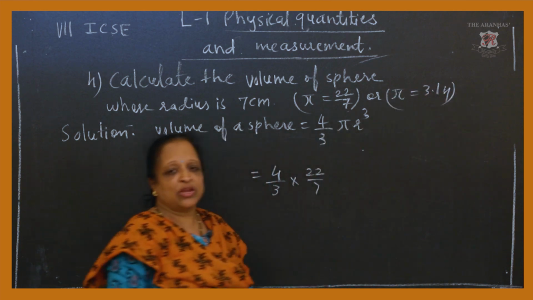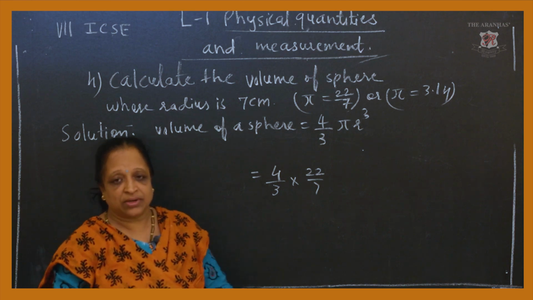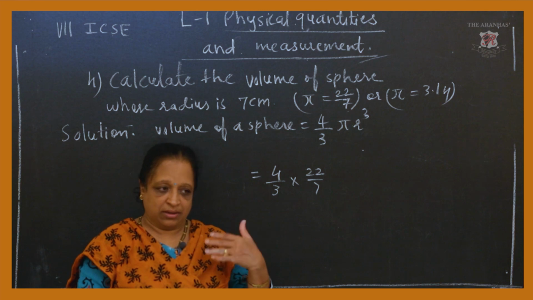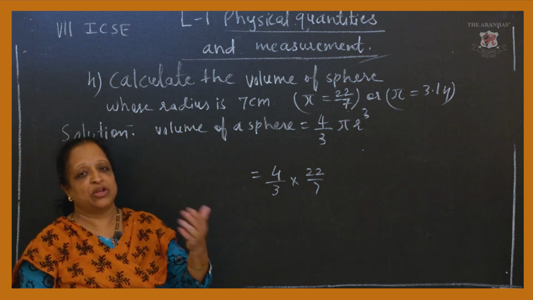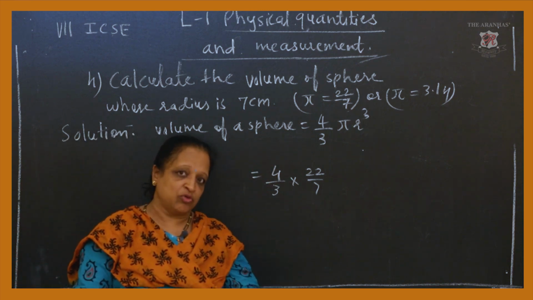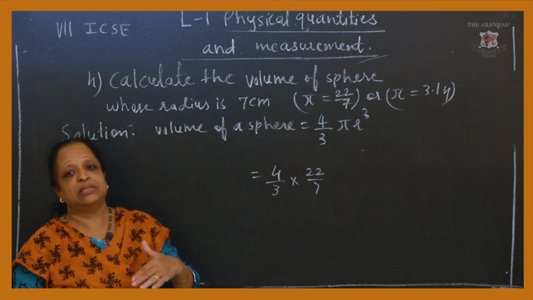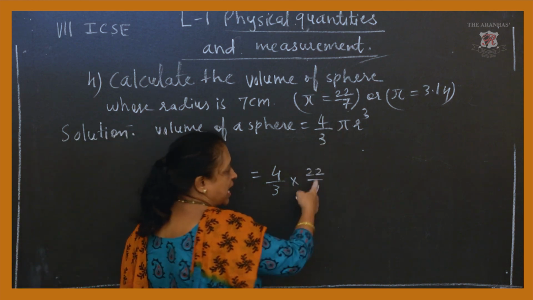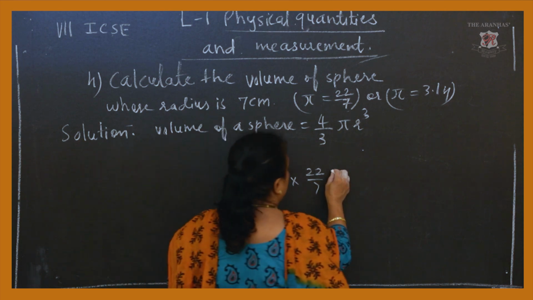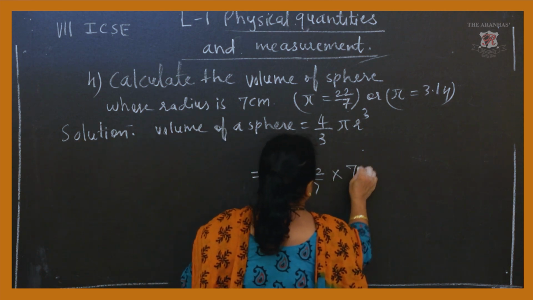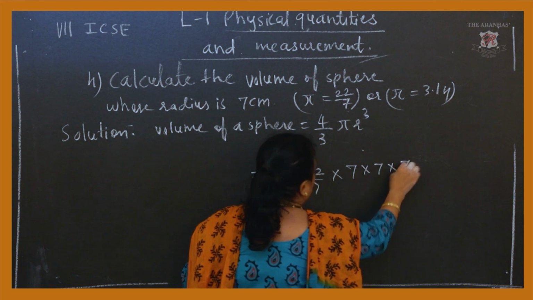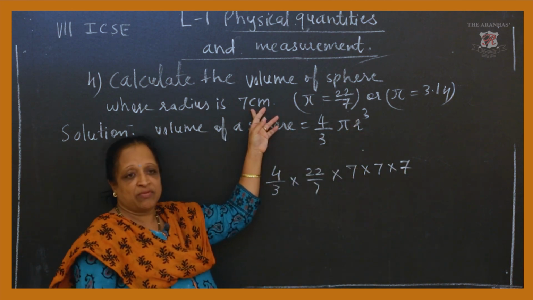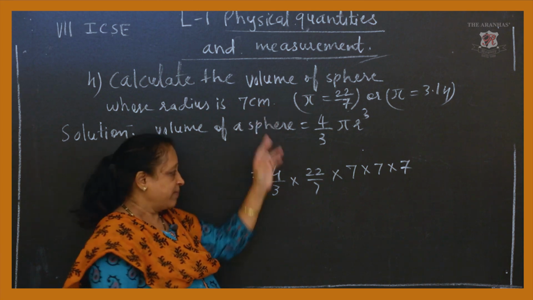You can take any value whichever you feel convenient with, and then you can calculate the volume of the sphere by taking the value of pi as either 22/7 or 3.14. So 22/7 will stand for the value of pi, and r cube will be 7 into 7 into 7, 3 times, because it is r cube and the radius we have is 7.